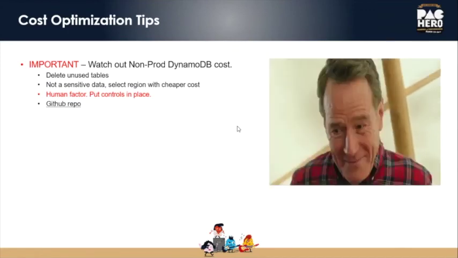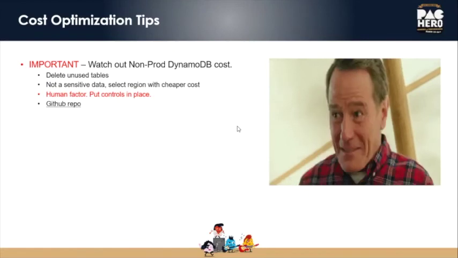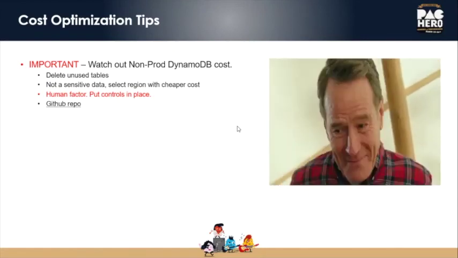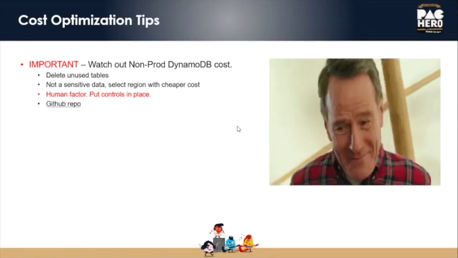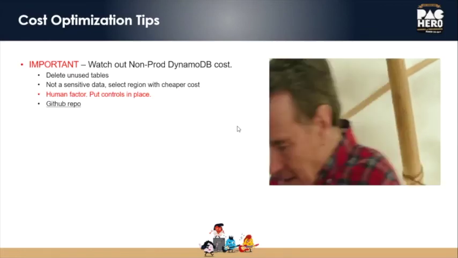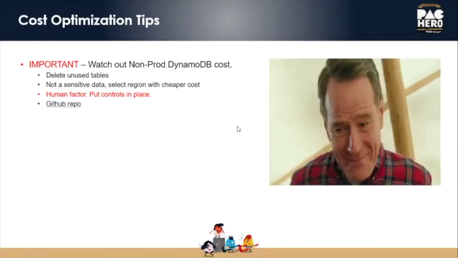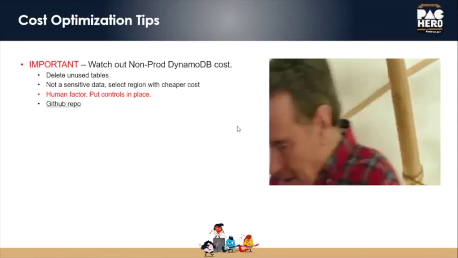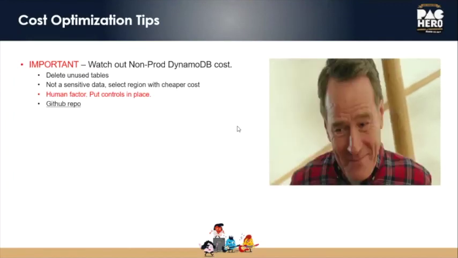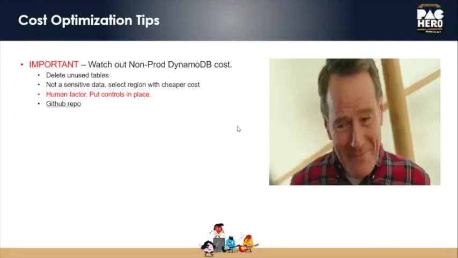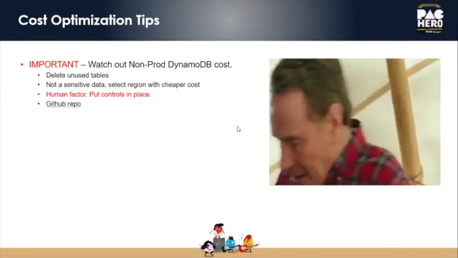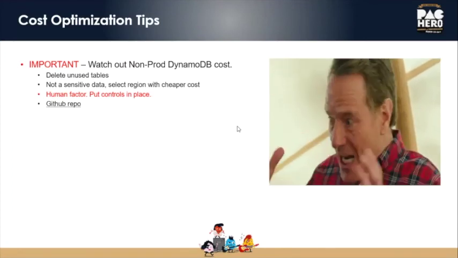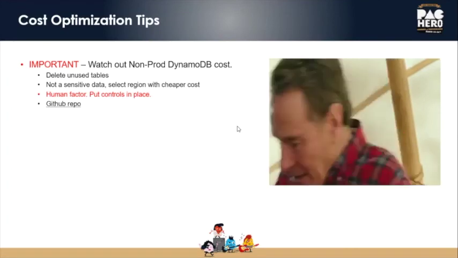Another thing that we did was to put controls in place. So we set up alerts on the tables as well as on the account level. So if our provisioned capacity goes above a certain threshold, myself and another team member would get an alert saying this specific table, the capacity has gone up. And then we would talk to the person who has increased that capacity to make sure that's meant to happen.